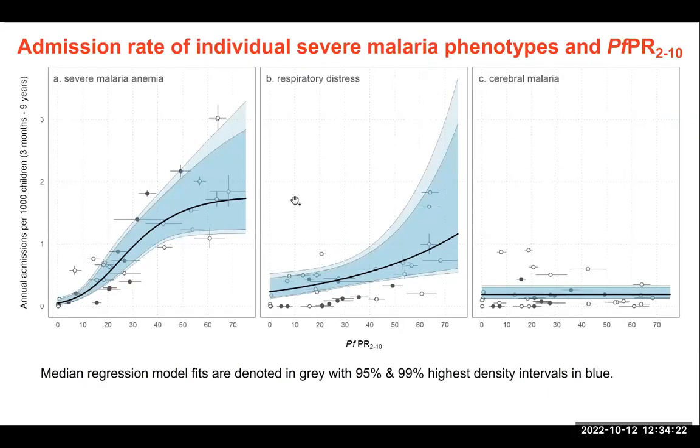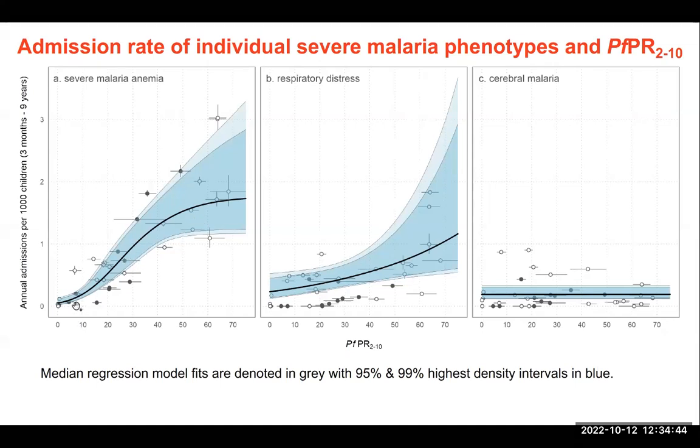So this is on the severe malaria phenotypes. By far the most common phenotype was severe malaria anemia, followed by respiratory distress, and cerebral malaria was very rare. The effect of community parasite prevalence on SMA was multiphasic, as shown by this first graph.